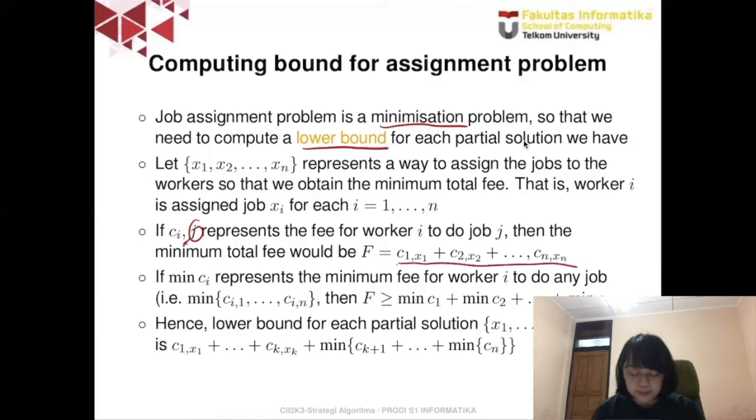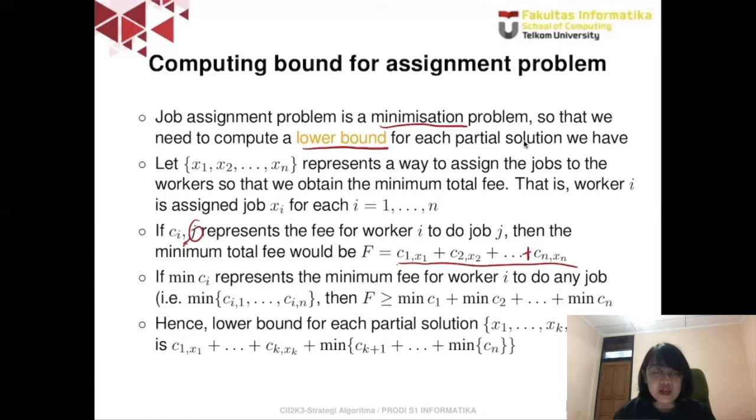We add the fee for worker 1 to do job x1, worker 2 to do job x2, and so on until worker n to do job xn. If minimum Ci represents the minimum fee for worker i to do any job, which means the minimum value of Ci1, Ci2, until Cin, then F should be not lower than the sum of the minimums of C1, C2, until Cn.